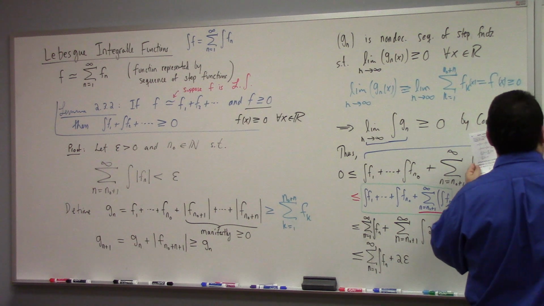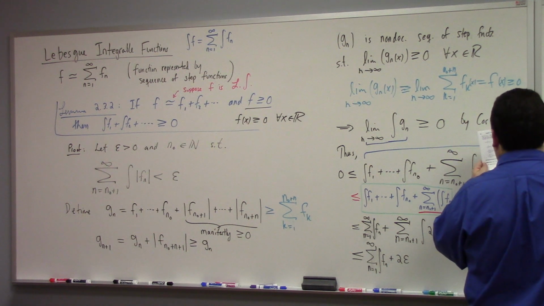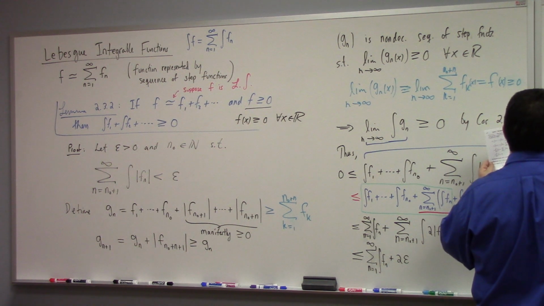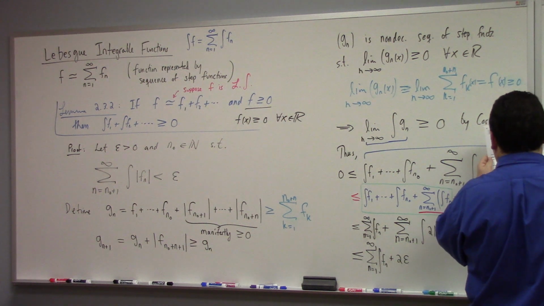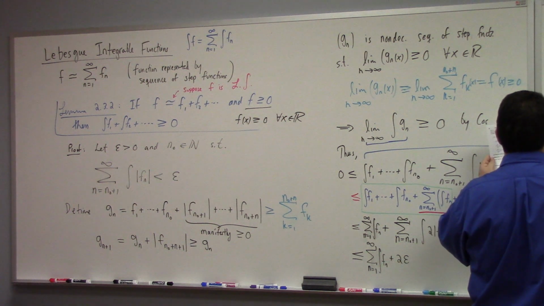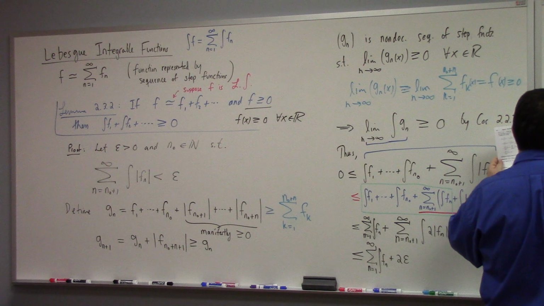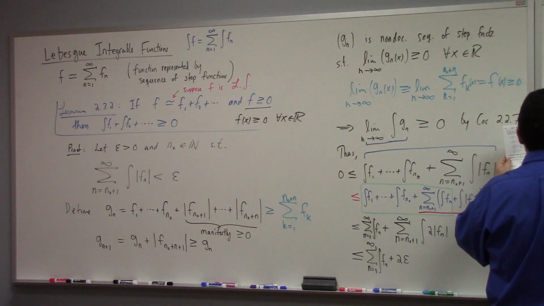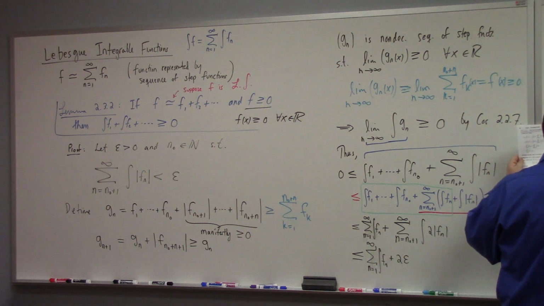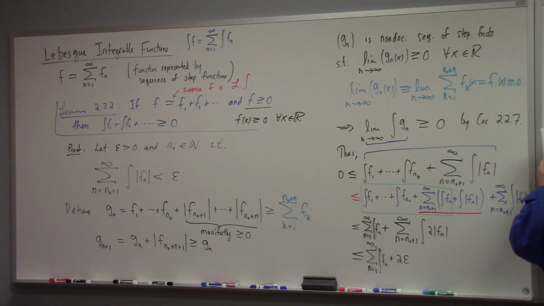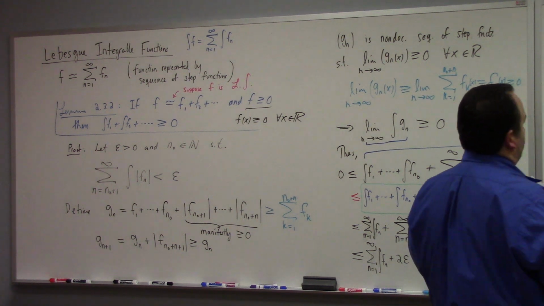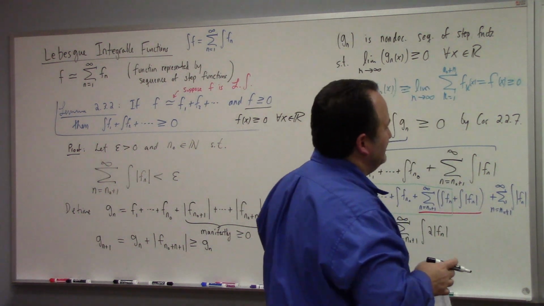He says, since 0 is represented by f1 minus g1 plus f2 minus g2 plus dot dot dot. First of all, do you believe that?